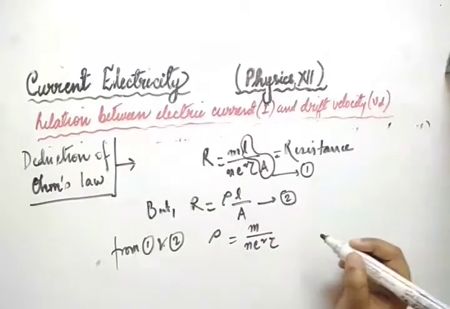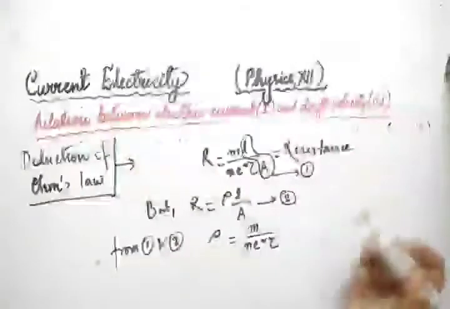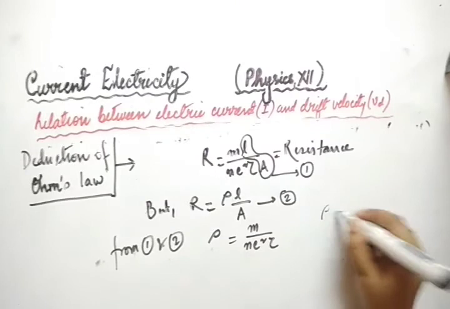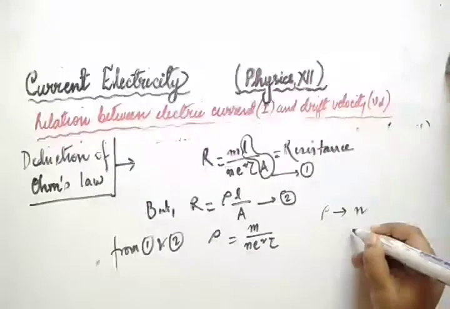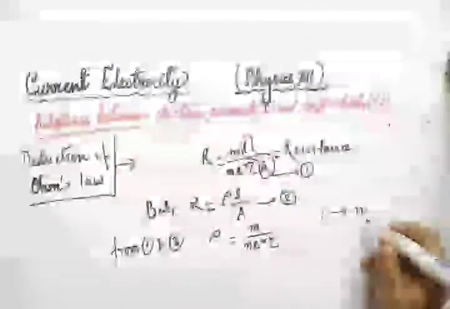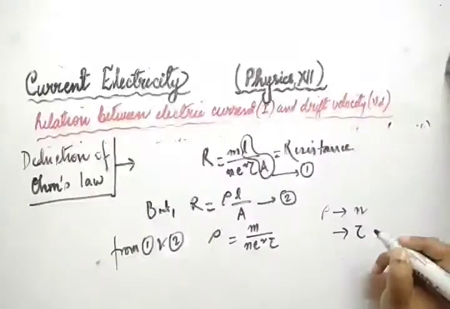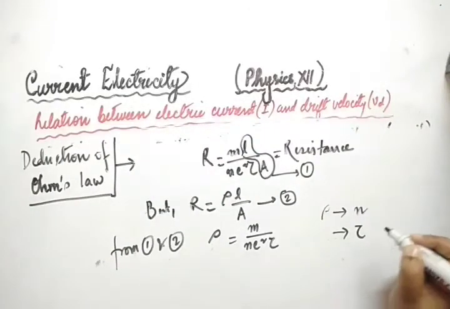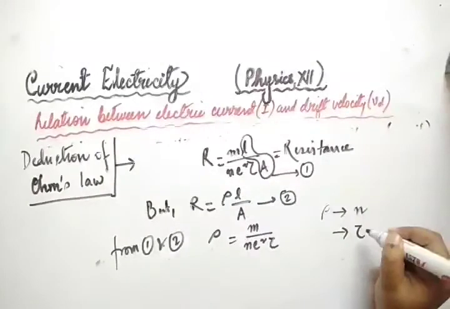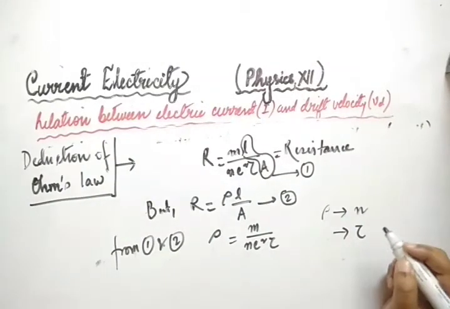So now we can see on which parameters this specific resistance depends. It depends upon n, that is the number of electrons per unit volume. Then it also depends on tau, which is the relaxation time, that is the average time between two successive collisions in a conductor.